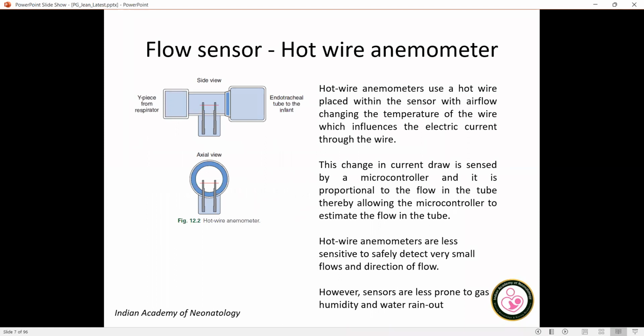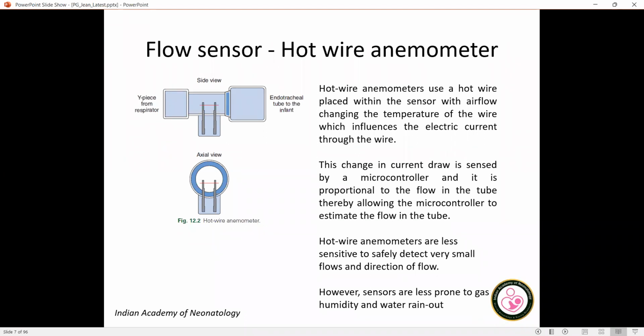Now, most of the ventilators have a hot wire anemometer flow sensor. What is the importance of the hot wire anemometer? In a hot wire anemometer, there are two platinum wires which are heated to a high temperature. When the gas flows through it, the wire is cooled, so the current used to reheat it is measured, and from that we can identify the flow in the tube.